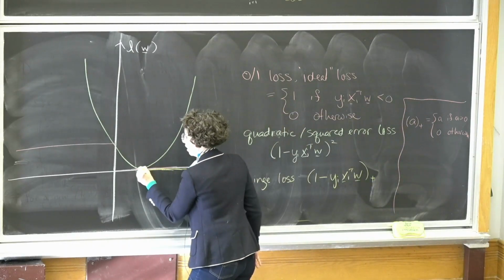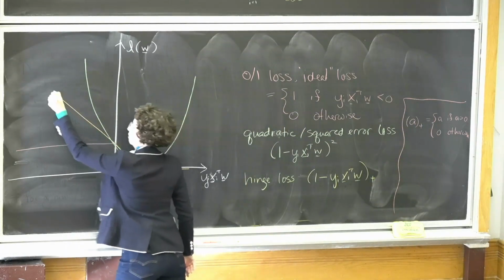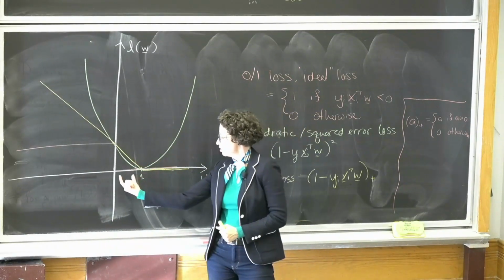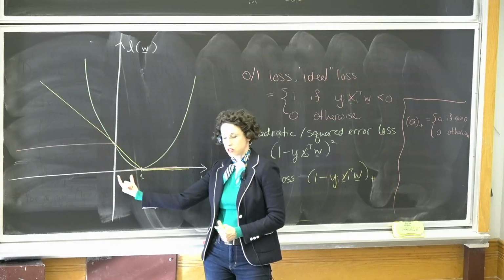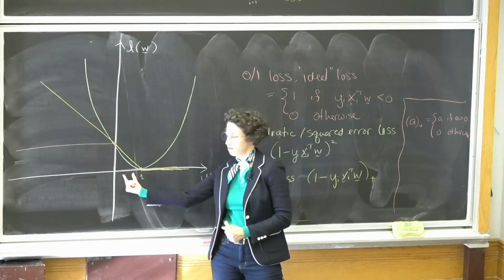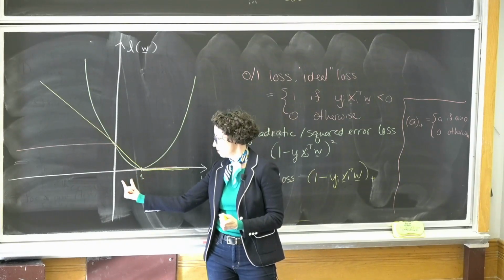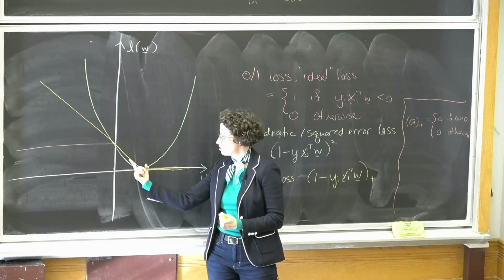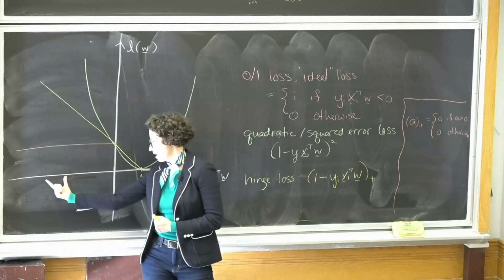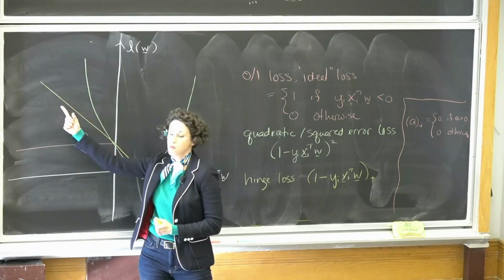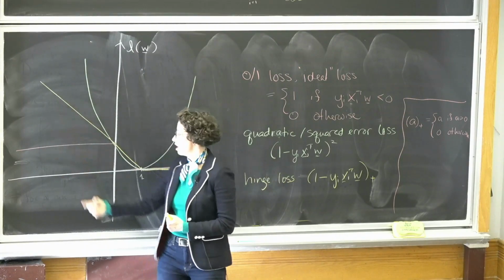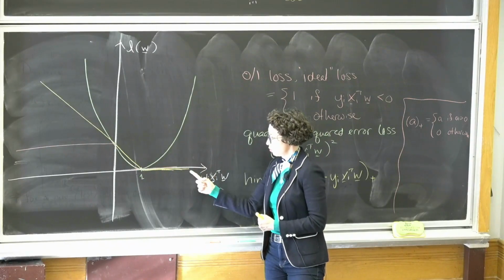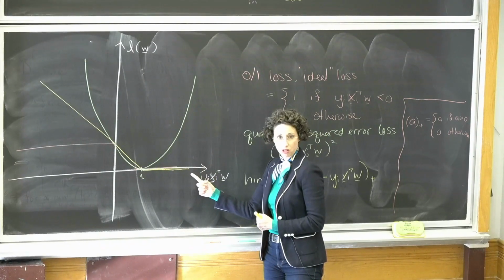And so it looks like this. There are some samples where this product is positive, where we are getting a correct classification, but we're incurring a little bit of loss with the hinge loss. And when we have an incorrect classification, we're going to have even more hinge loss. But for most of the correct classifications, we are going to get 0 loss.